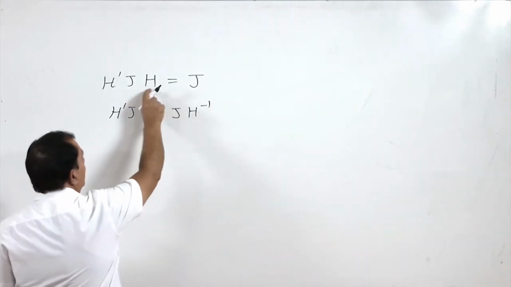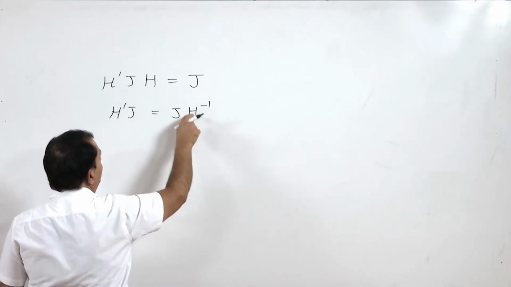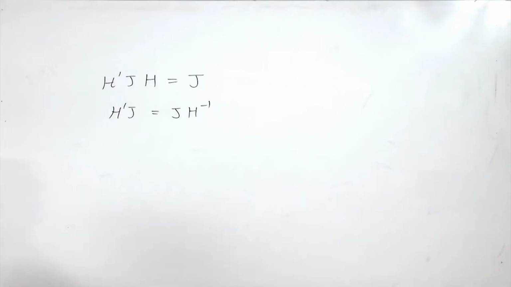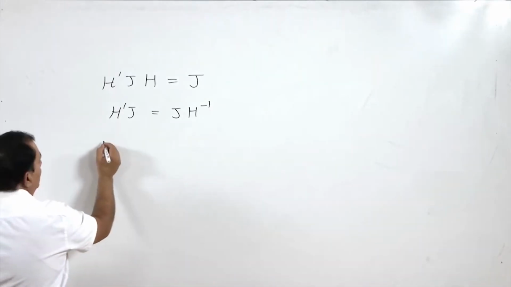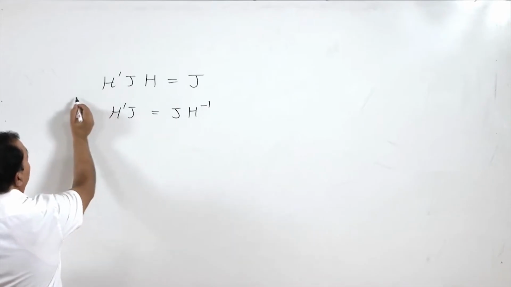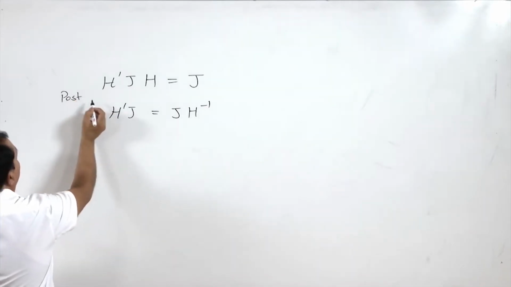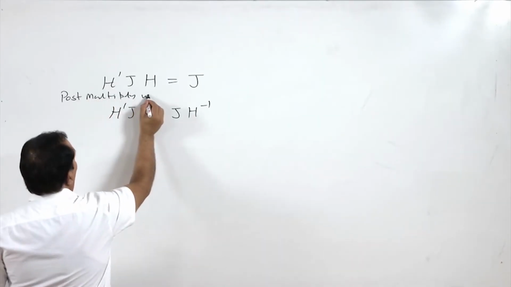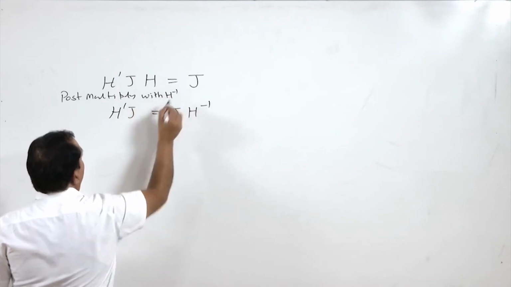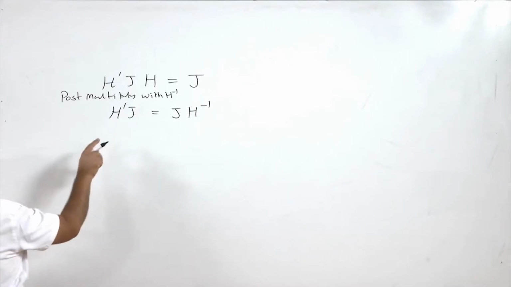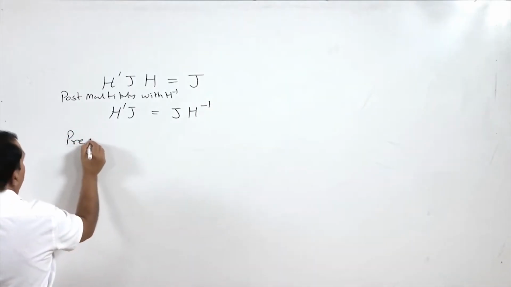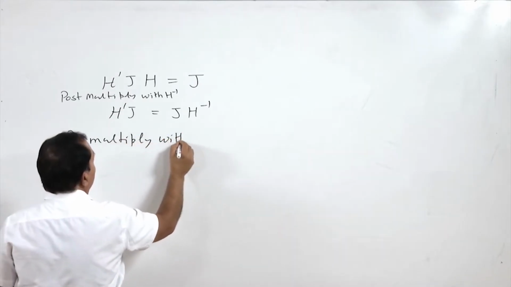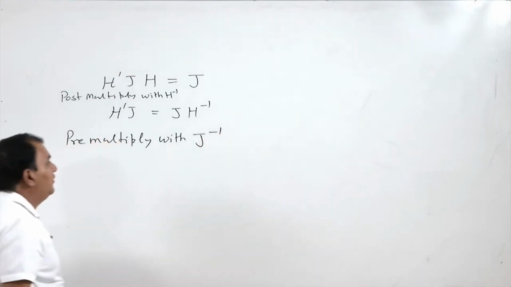So, J H inverse is H prime J. Now here, we pre-multiply with J inverse.